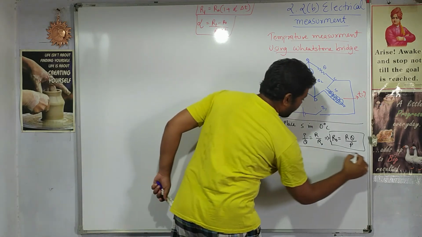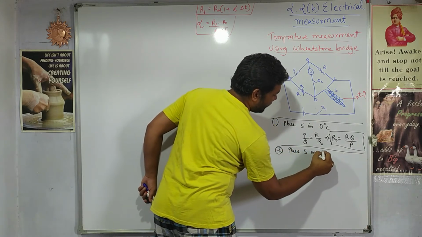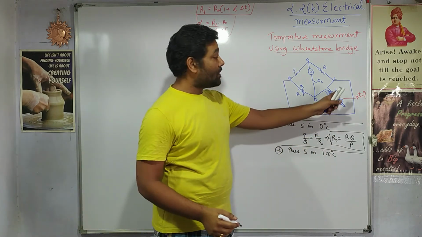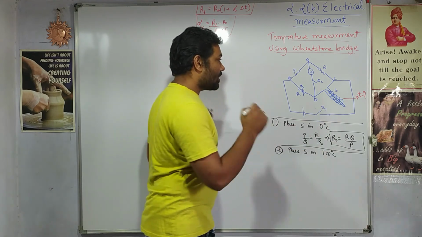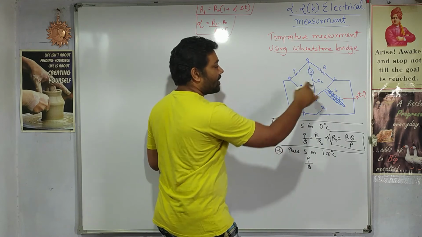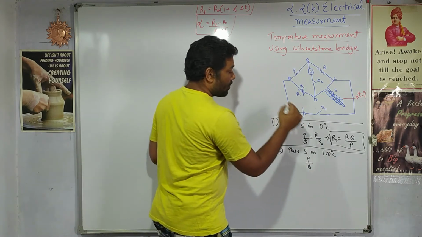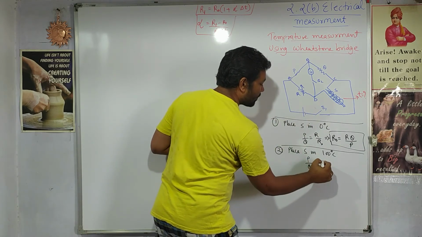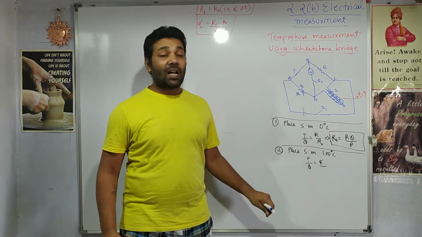Then the next step, we place S in 100 degrees centigrade. At 0 degrees centigrade it may be ice; for 100 degrees centigrade, a water bath at 100 degrees centigrade. Again in the balance condition, if we balance the Wheatstone bridge such that the current in the galvanometer becomes 0, we again obtain the equation P by Q. This time the resistance box is adjusted to some different value R dash.